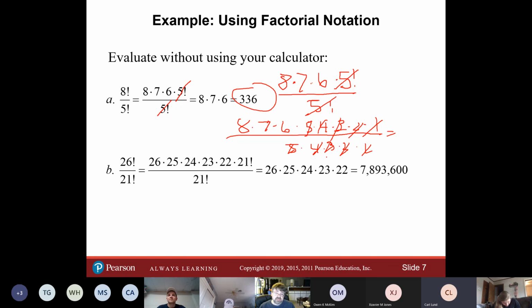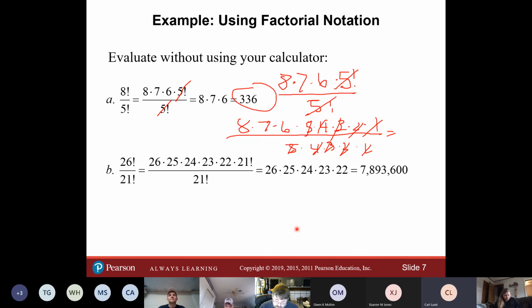Similarly, the one underneath it, 26 factorial divided by 21 factorial. Notice what we do. We start with 26 and we start multiplying them out: 26 times 25 times 24 times 23 times 22. We stop when we get to what the denominator is, 21 factorial. We can then cancel, and we just get 26 times 25 times 24 times 23 times 22, which equals 7,893,600.